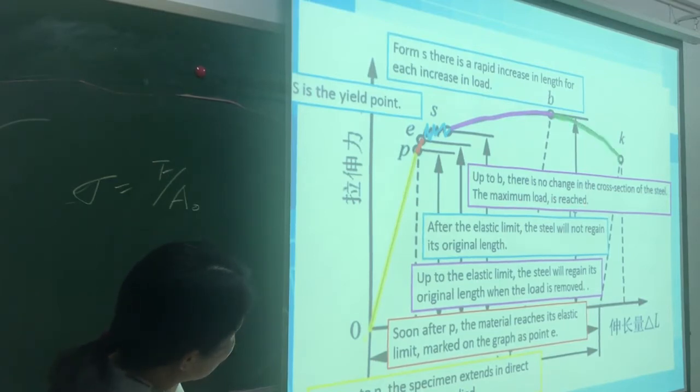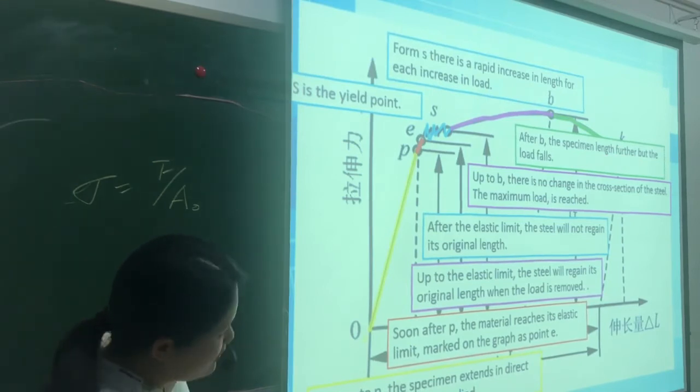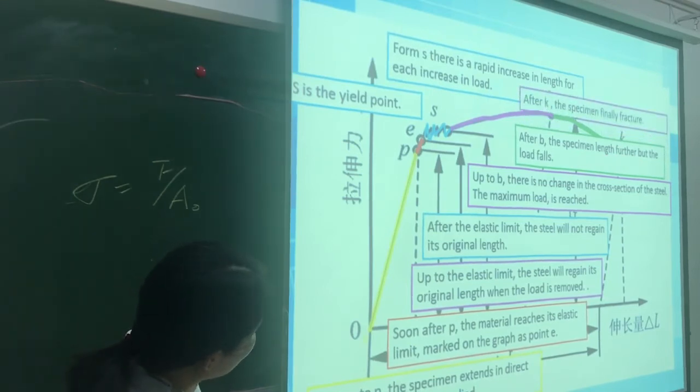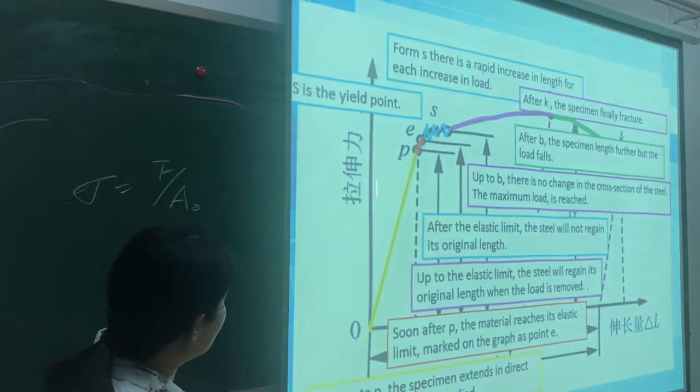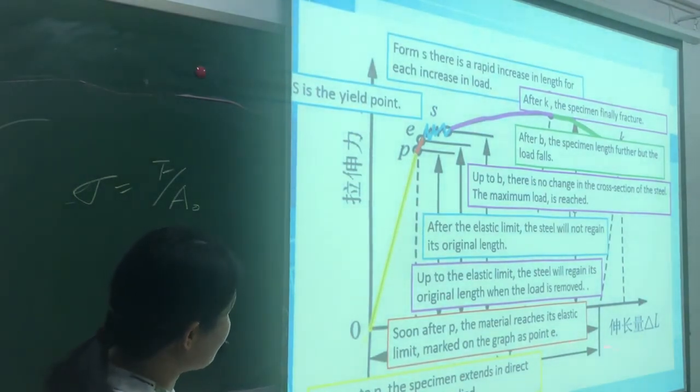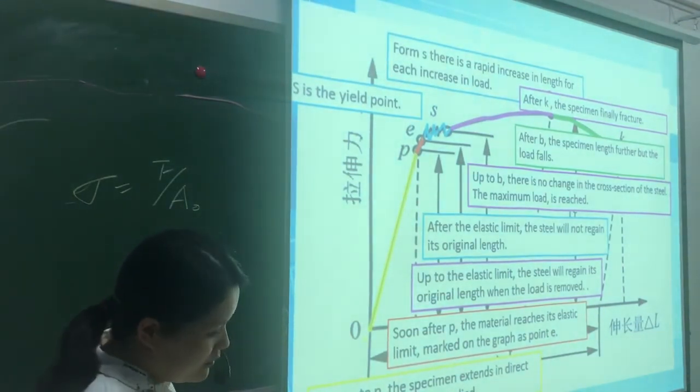And from B to K, the specimen length increases while the load decreases. And after K, the specimen fractures. This is the stress and strain curve.